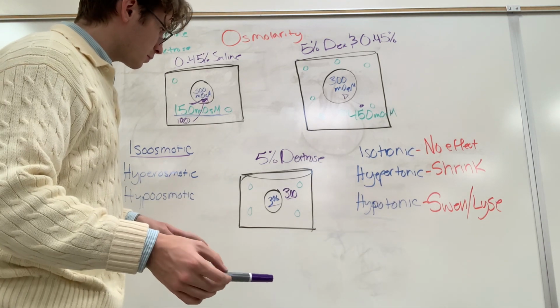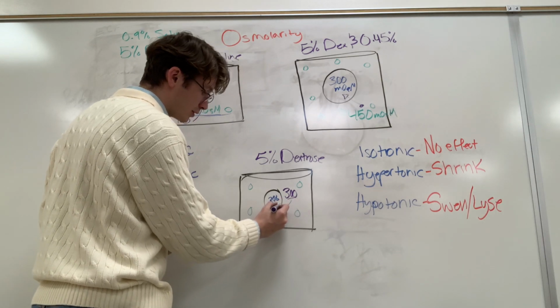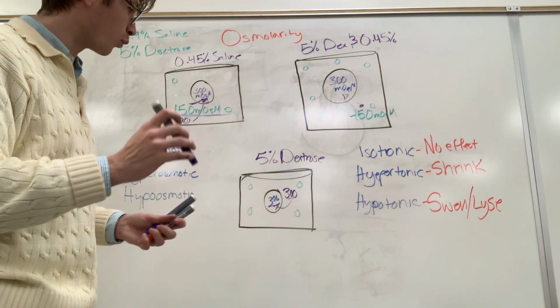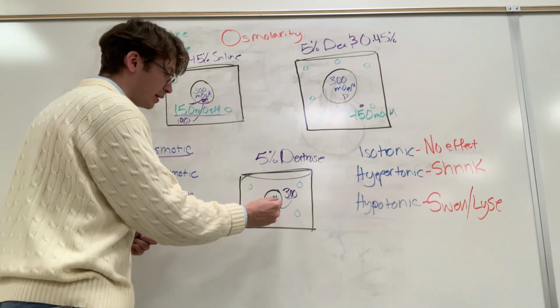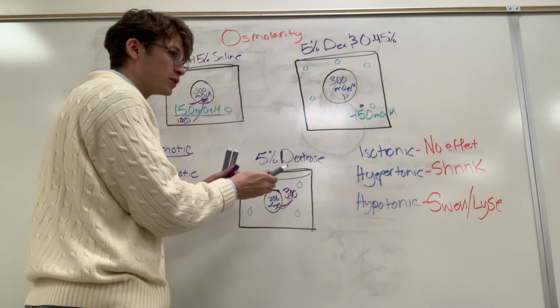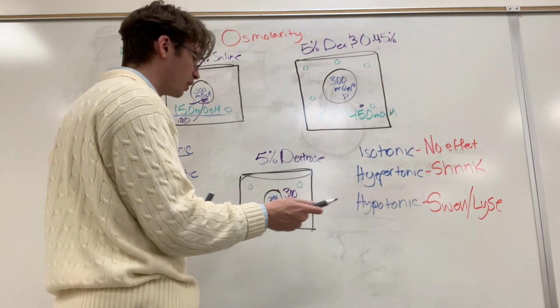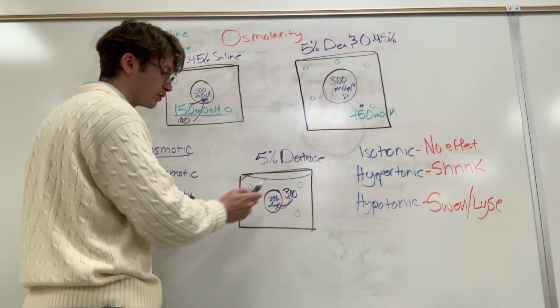But because dextrose is permeable, it is going to flow into the cell. As it flows into the cell, it is also going to bring water with it. And so what's going to happen is this is going to continue to flow because it wants to create a harmony within its concentration gradient. So it'll keep moving until it creates, say, a 150, 150.